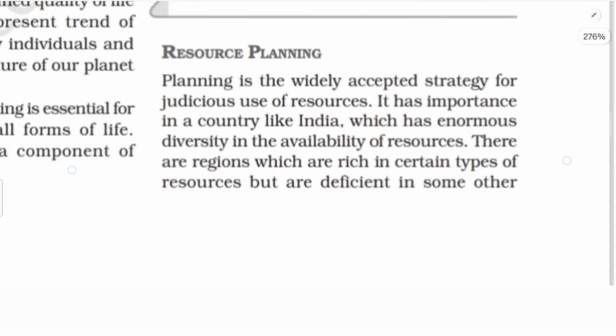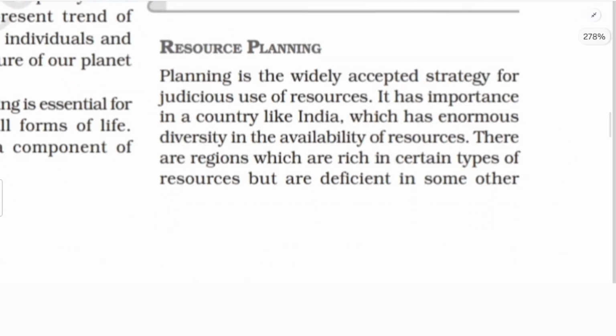Now, what is resource planning? How can we plan for a resource? Planning is a widely accepted strategy for judicious use of resources. It has importance in a country like India, which has enormous diversity in the availability of resources.